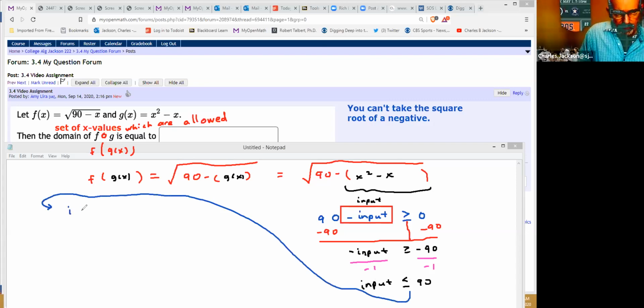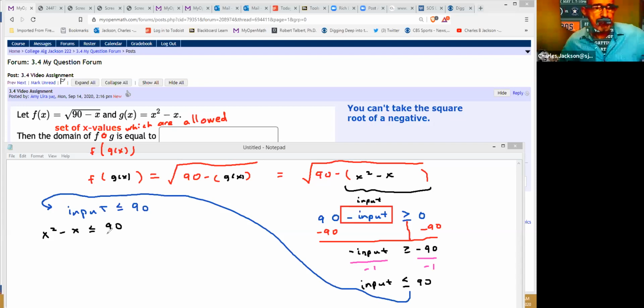Input less than or equal to 90. What is the input? X squared minus x. X squared minus x less than or equal to 90.